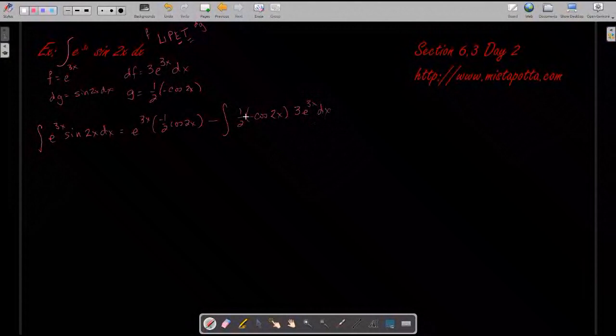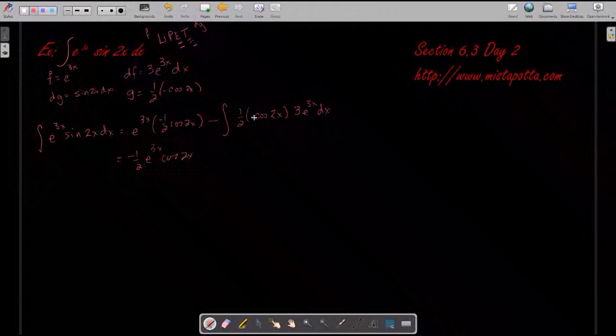And I notice that I'm going to have to do this again. Luckily, I still have LIPET to help me out. I'm still going to have that exponential and trigonometric. I've got negative 1/2 e to the 3x cosine 2x.